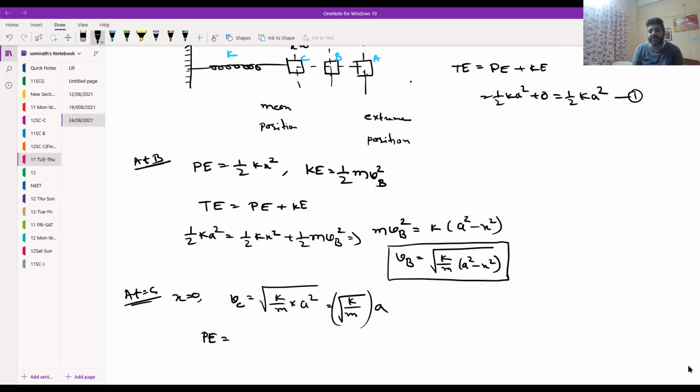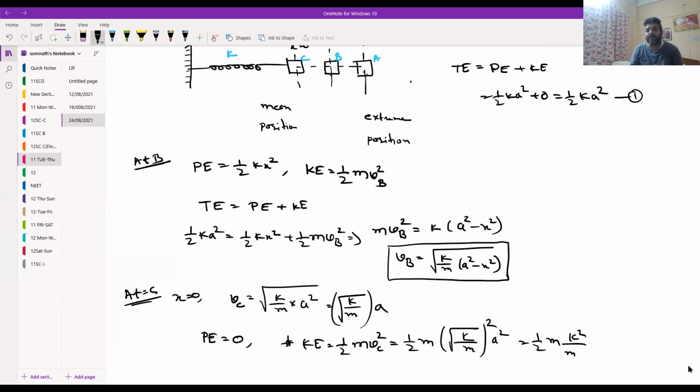No elongation, so potential energy is 0. Kinetic energy is half m v_C square, that is half m into k by m into A square, that is half k A square.